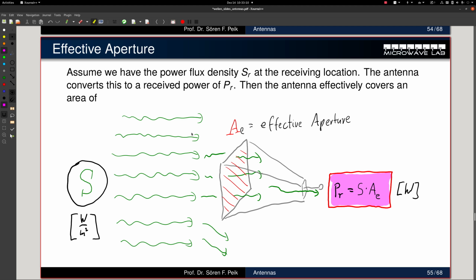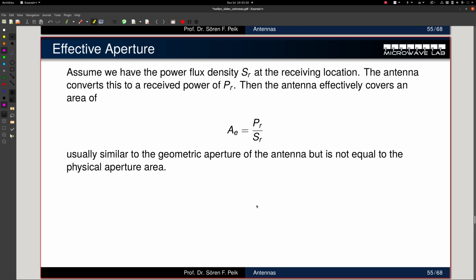It has to be clarified what the area of an antenna means. For antennas like this, so-called horn or pyramid antennas, it's straightforward. For other antennas like wire antennas, it's not necessarily.